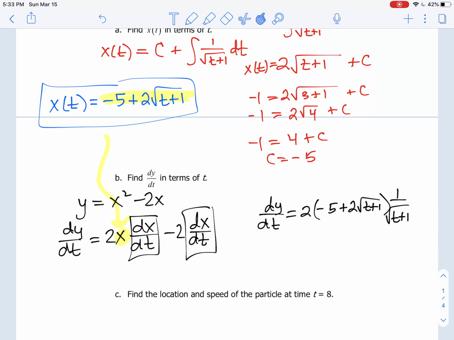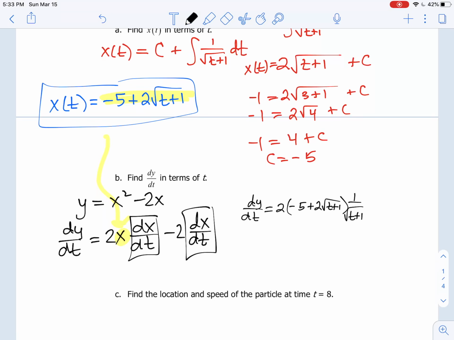And then, let's see here, I need to still subtract 2 times 1 over radical t plus 1. You can distribute that. You can simplify if you like. You don't have to simplify if you don't want to.